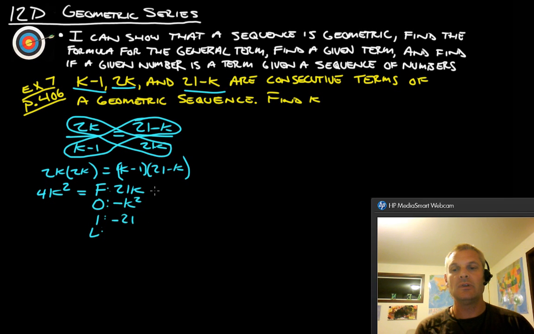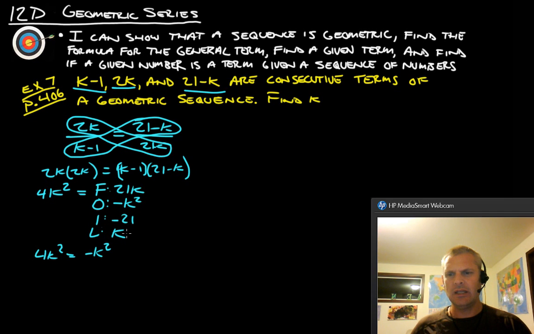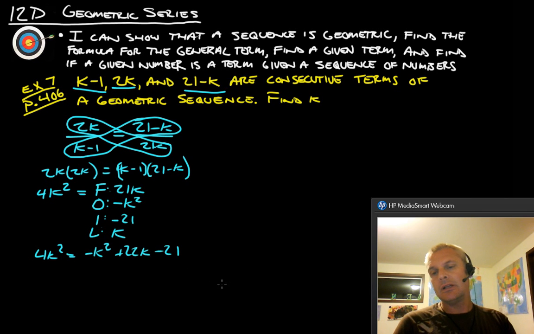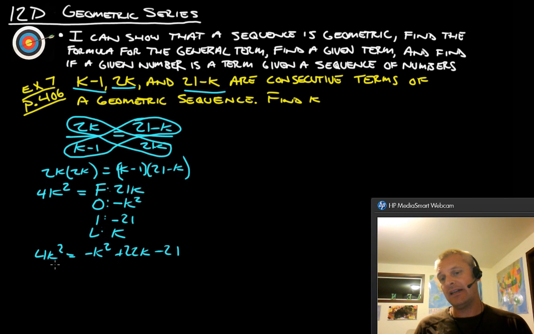And negative 1 times negative k is k. So we end up with 4k squared equal to negative k squared, and then 21k plus k is 22k, and then minus 21. This is kind of a big fat mess.